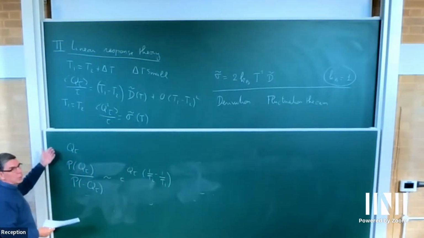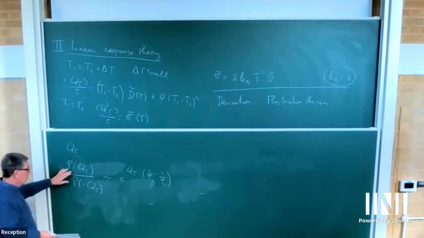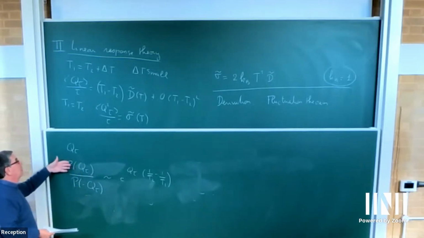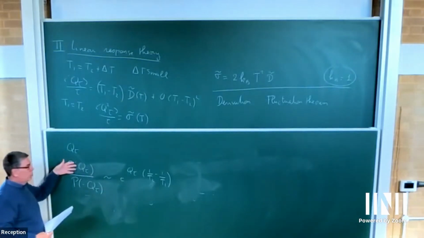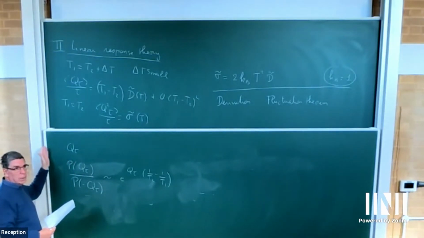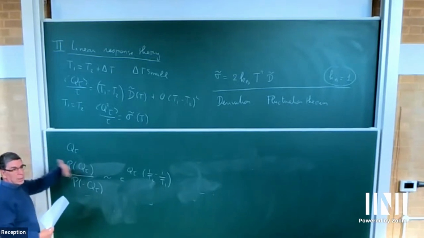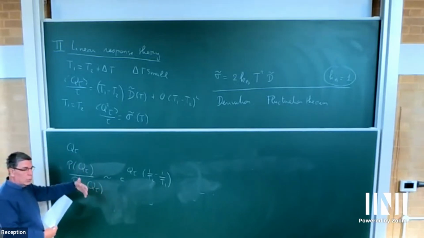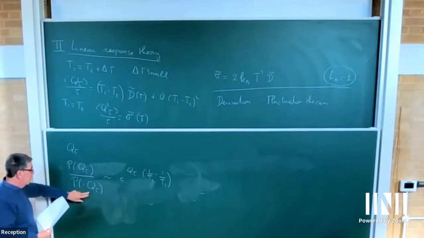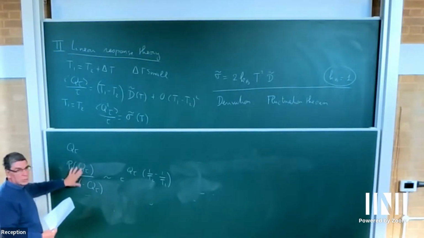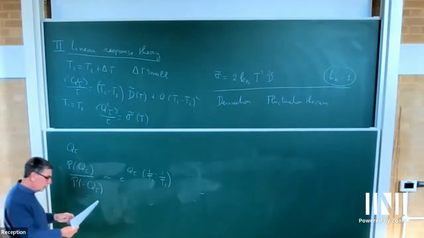There were a lot of discussions about it because in general the second law tells you that Q tau would be positive if T1 is larger than T2, because energy flows from the hot to the cold. But here it says that still there are events where it goes the opposite way, and the ratio of probability is given by that.